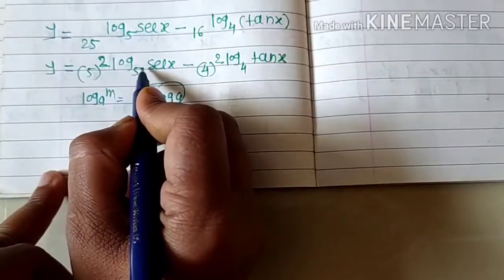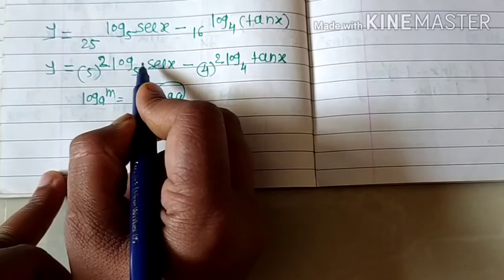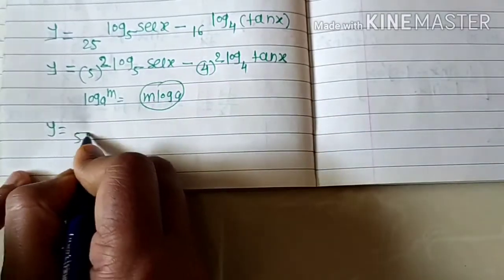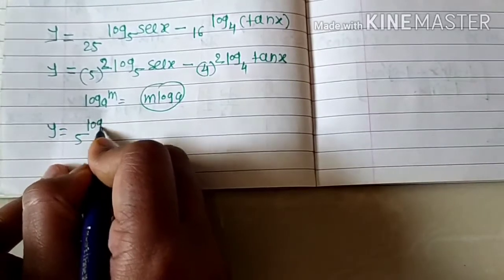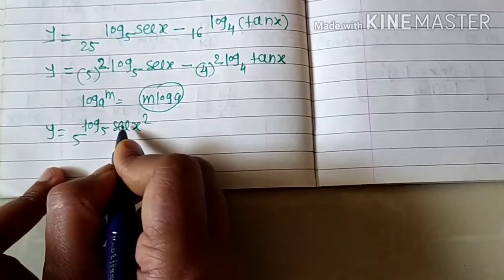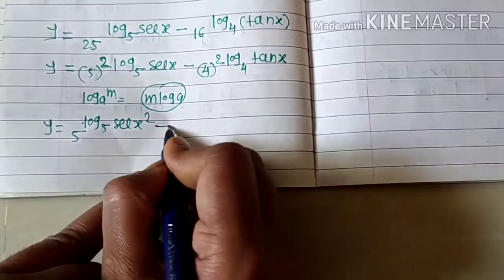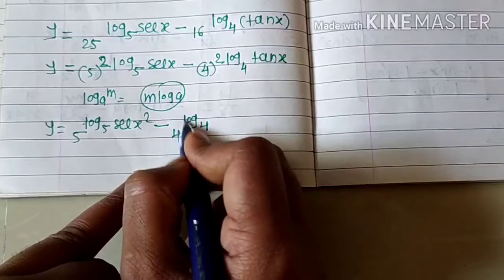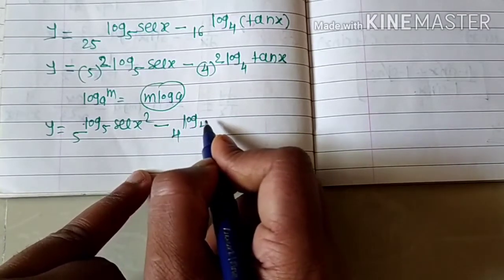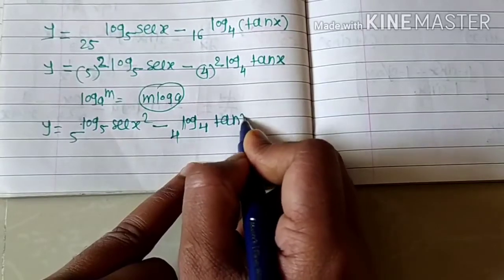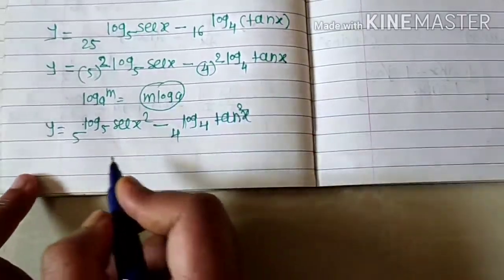Then 2 into log to the base 5 sec x means log sec x square, that is y is equal to 5 raised to log to the base 5 of sec x square, minus 4 raised to log to the base 4 of tan x square, or tan square x.